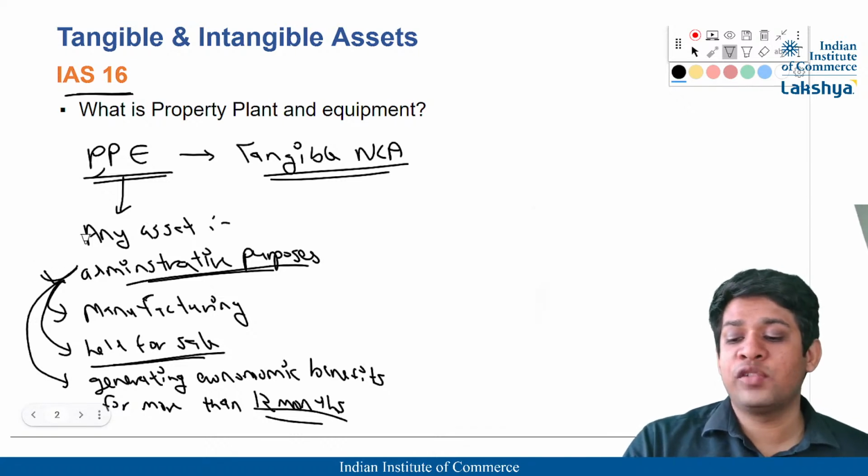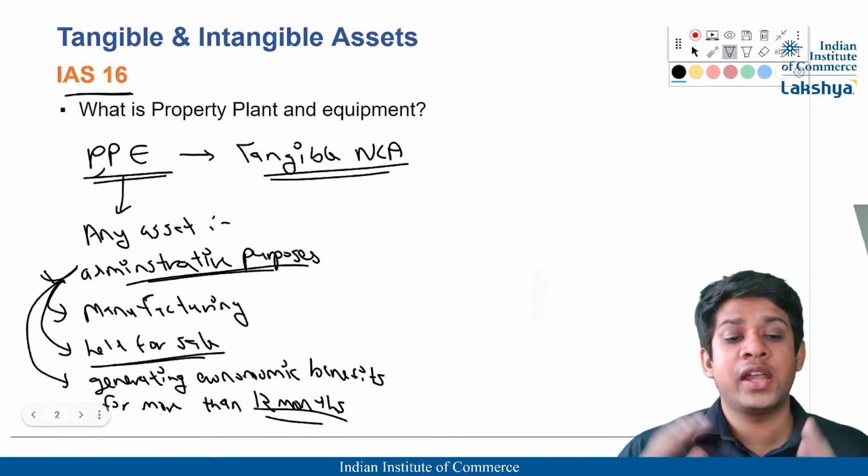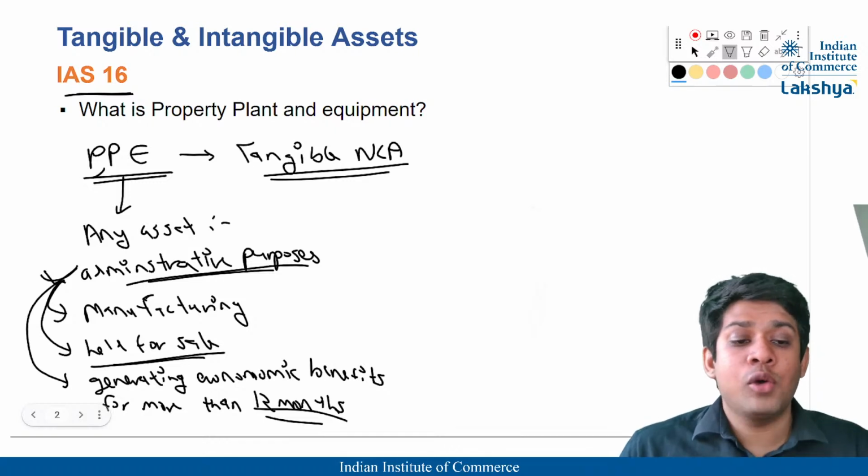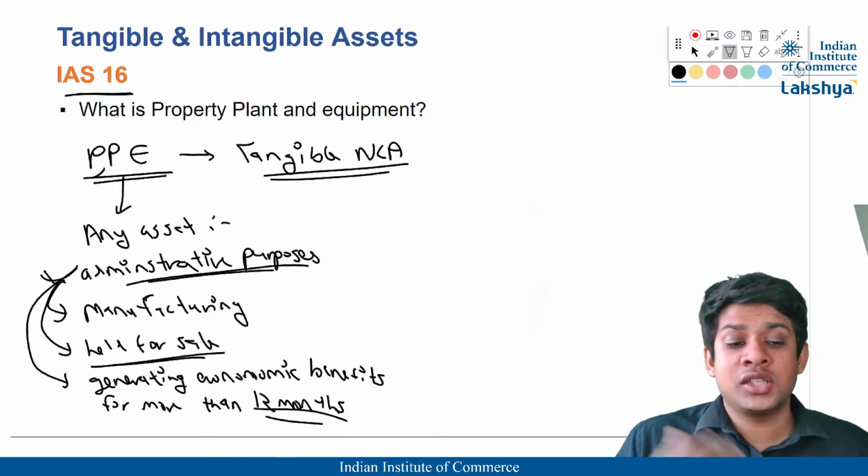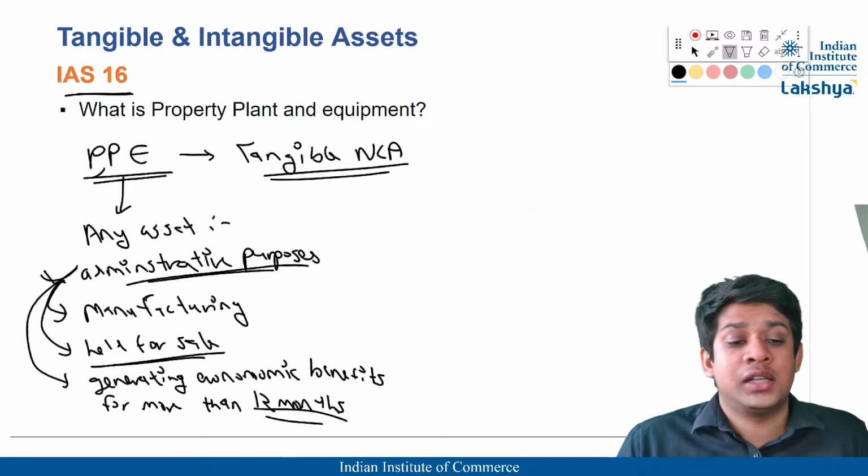So any asset which is used for administrative purposes, like an office building, or a machinery which is used for manufacturing activities, or an asset which is held for sale, which is actually a non-current asset.